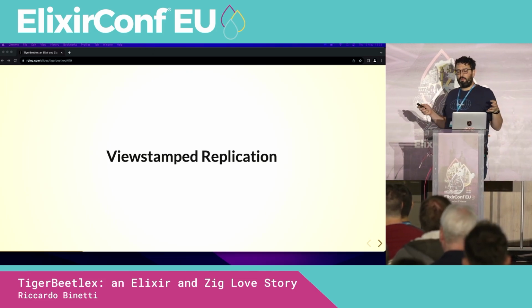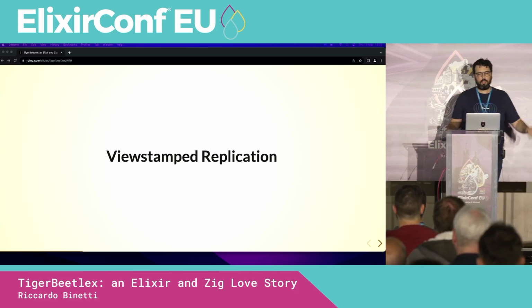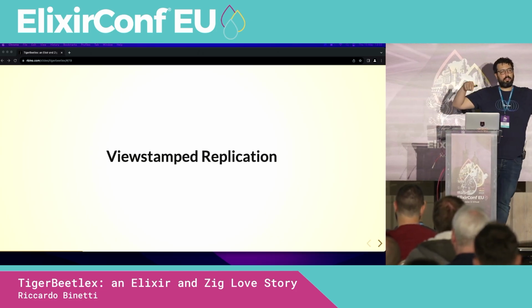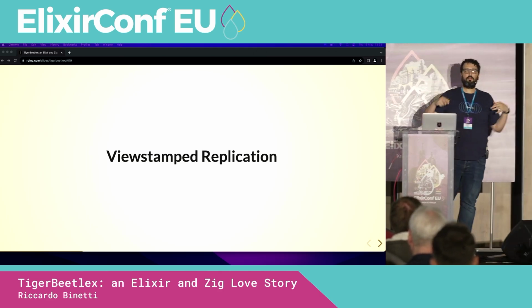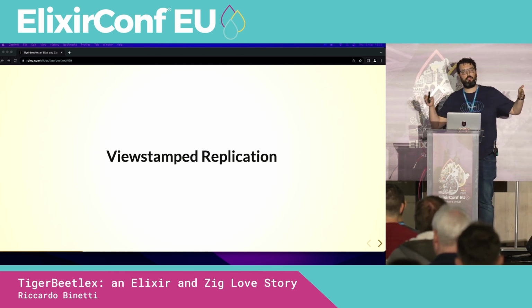And viewstamped replication basically implements a replicated state machine. So all TigerBeetle replicas actually execute the same state machine code, and the consensus mechanism ensures that they receive the same inputs in the same order.